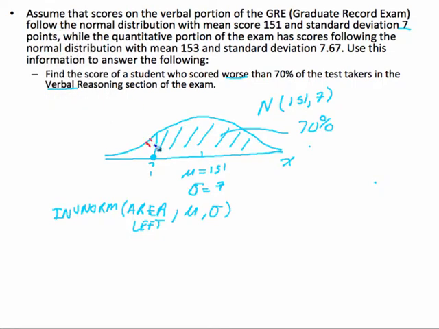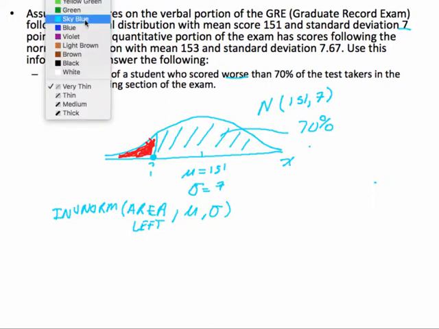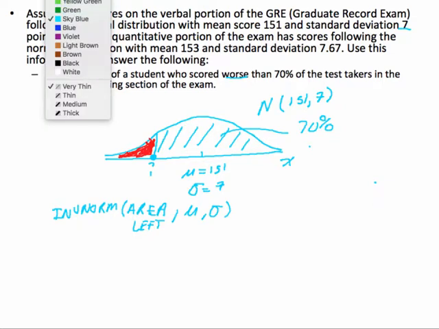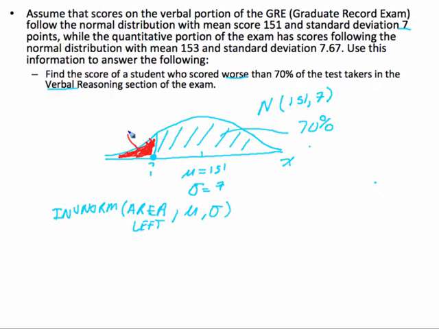It wants this area right here. The area that I'm going to input into my calculator has to be that red area right there. Let's stay red. We know that that's going to be 30%.